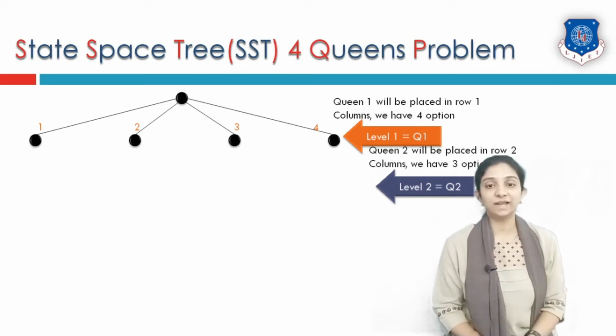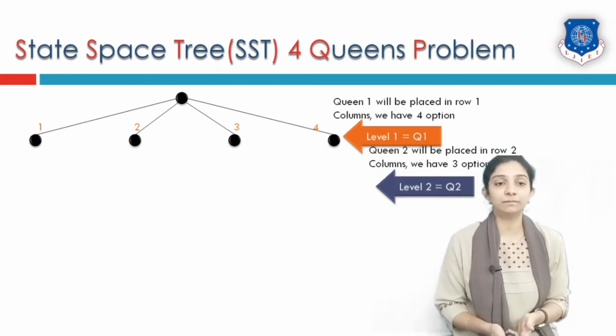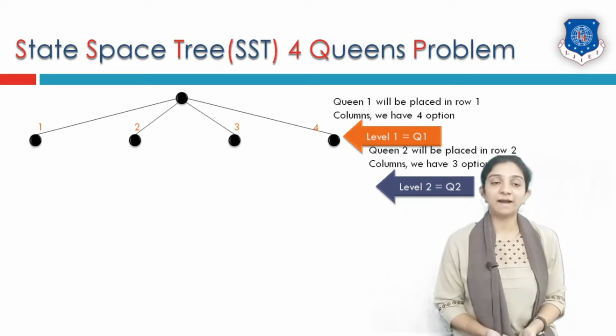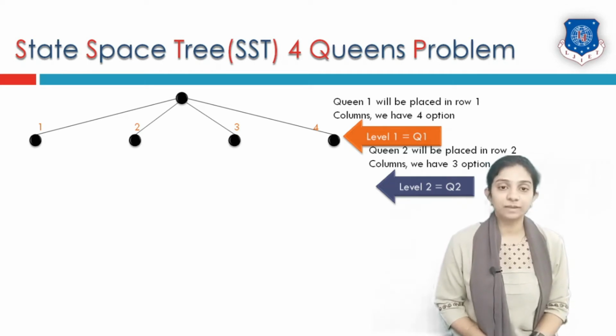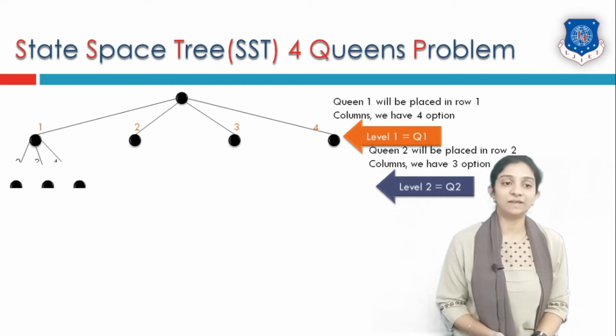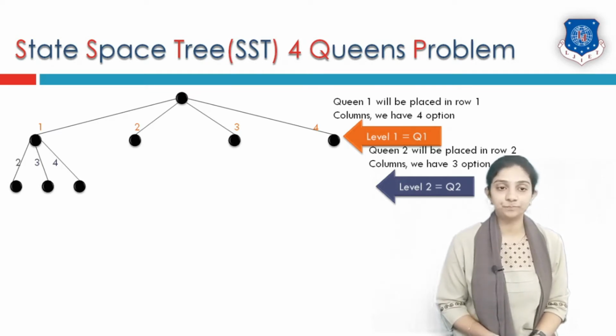Now in this second level, we have to place queen number 2 in row 2. But number of columns, we have only 3 options. If queen 1 is placed in row number 1, column number 1, then queen 2 can be placed in column number 2 or 3 or 4.